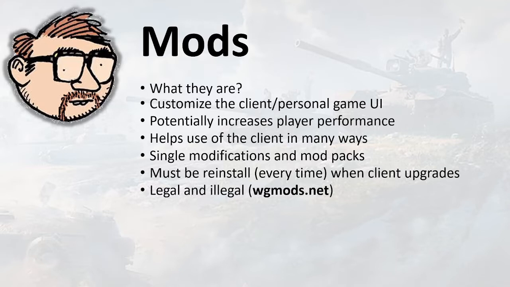But I don't know exactly how they work, and what the purpose of those is. In general, Wargaming itself has laid out the principles of what kind of things the modifications can do and offer to the player and what they cannot do.